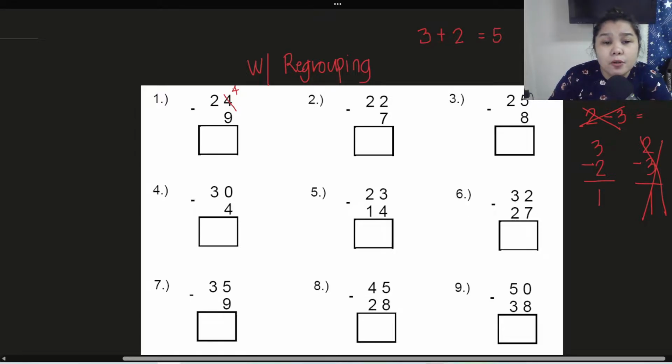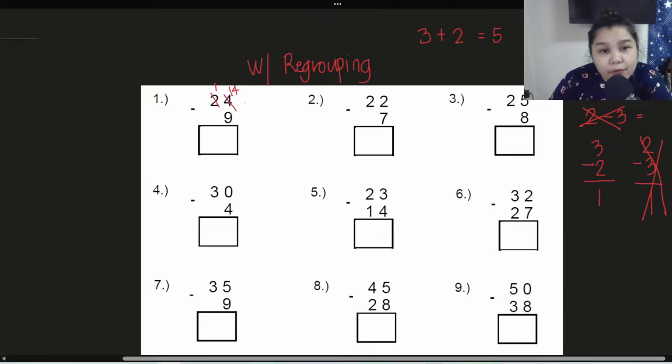Sabi ni 2, okay, I'll give you one part of me. So ito will be 1 tenth. Transfer ng 10, so it will be 14. Automatic na siya kasi 10 plus 4, you don't need to put 10 plus 4 above.